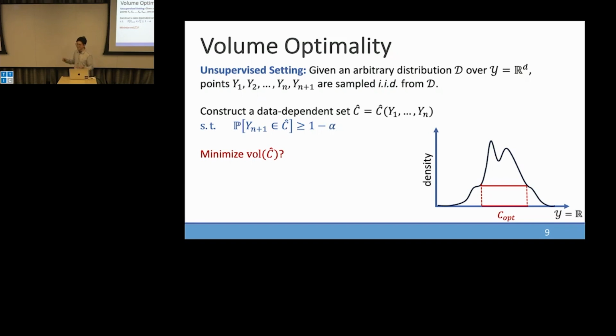So we can draw its probability density function here. In this case, the optimal solution would be very easy. We just pick some level set based on this density function, and this would be C opt, right? So we pick the most dense regions in this density.